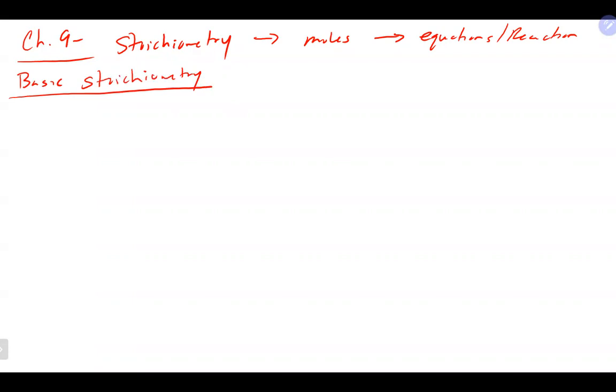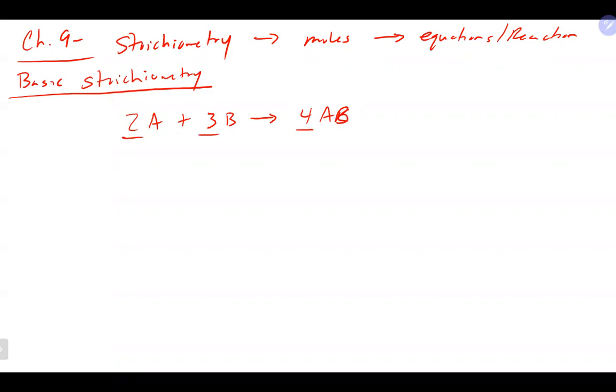And remember that in stoichiometry, we use the balanced equation to basically come up with conversions.